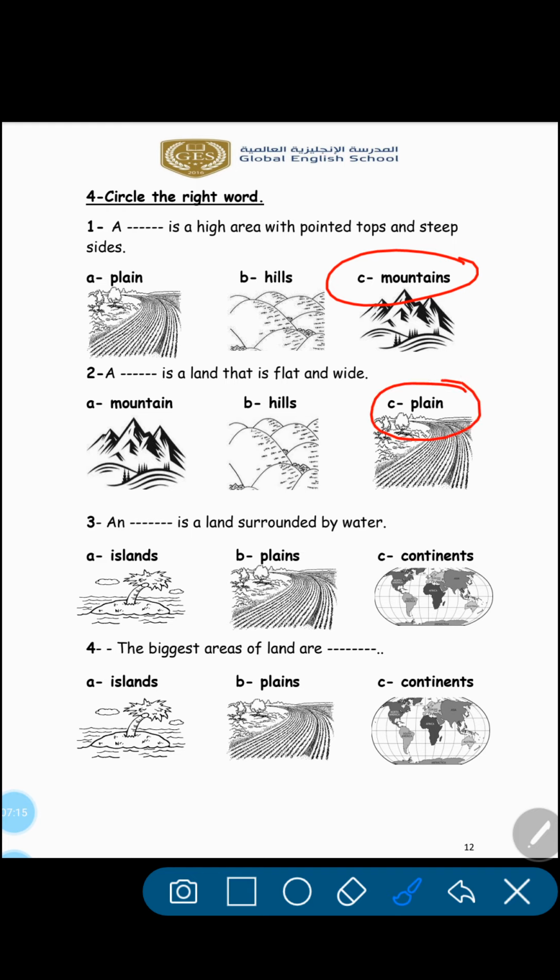Plain, wonderful. Number 3 is a land that's surrounded by water. Which one? Islands, that's right. The biggest areas of land are continents. Wonderful. Okay, we finished for today.